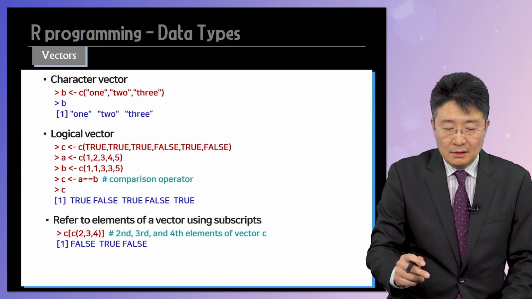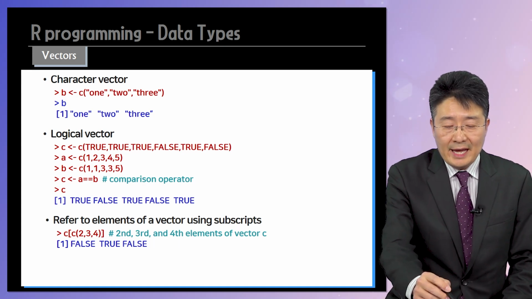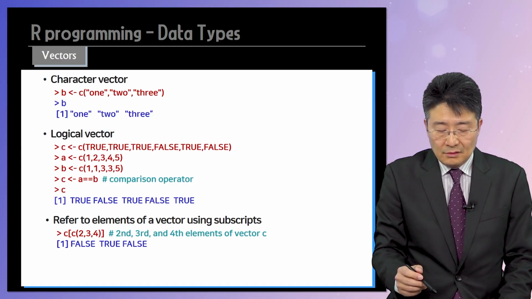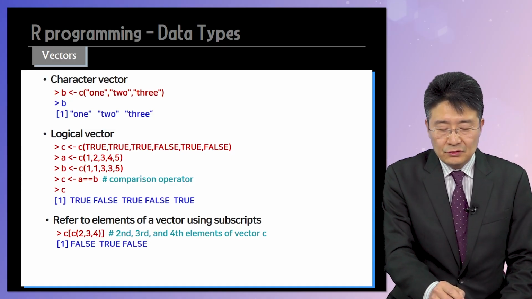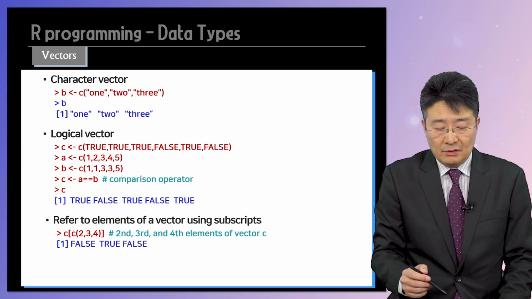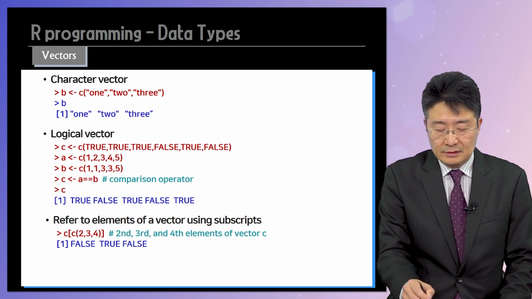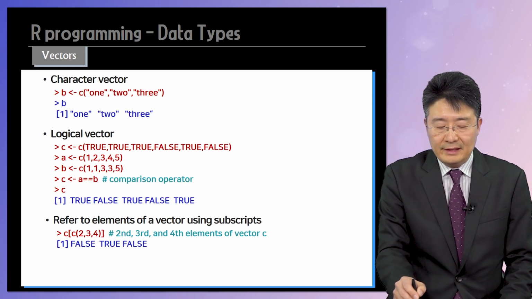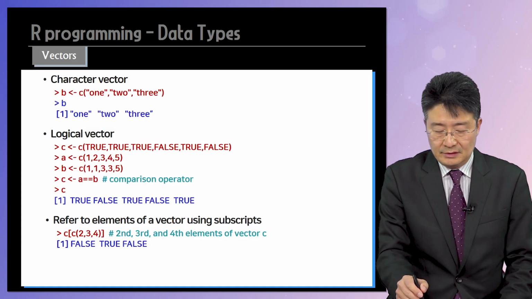Also, we can define character vectors and logical vectors. Also, we can refer to elements of a vector using subscripts. This is important. You need to learn how to refer to elements of a vector using subscripts.